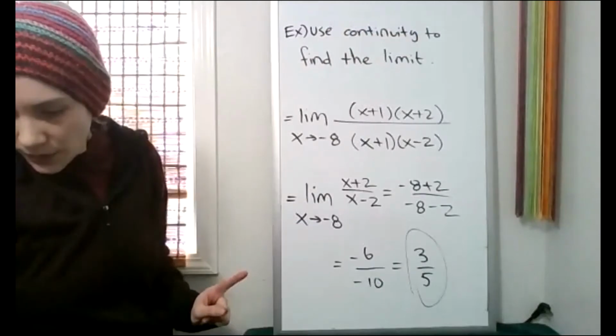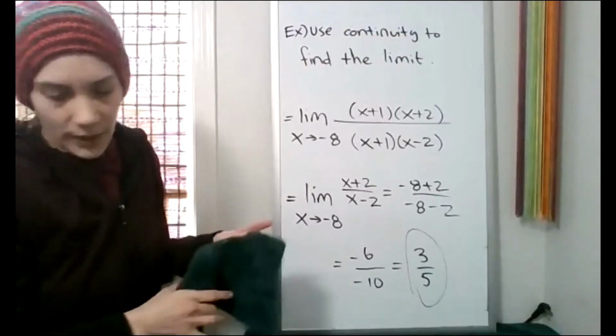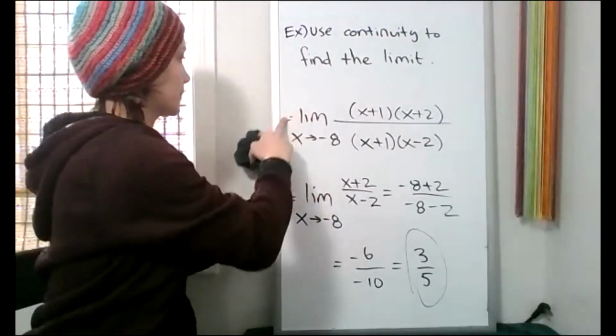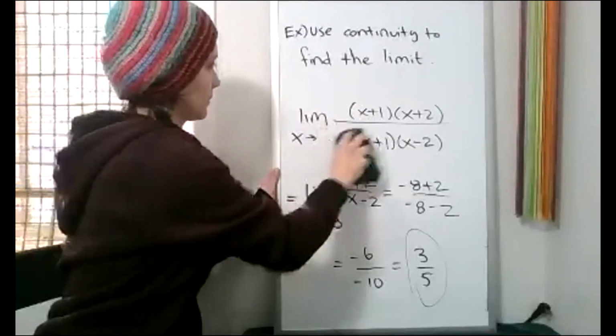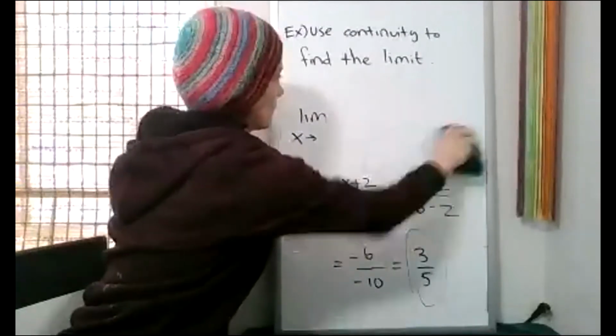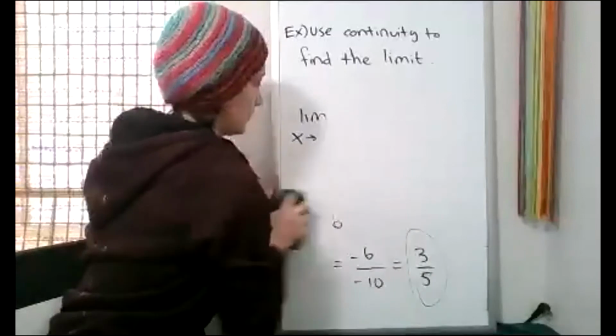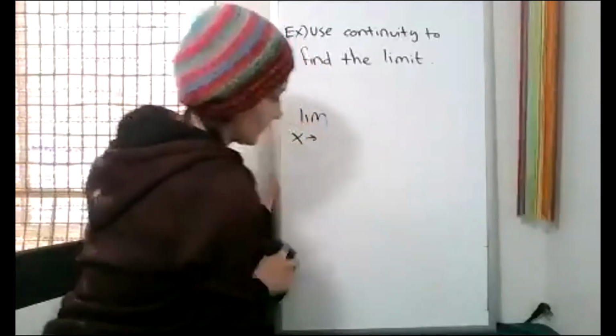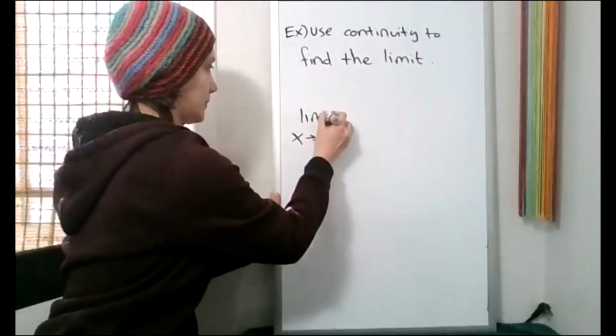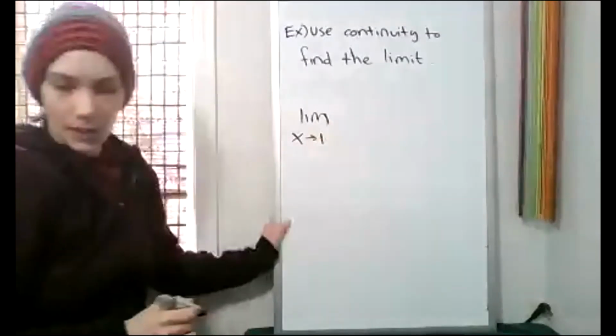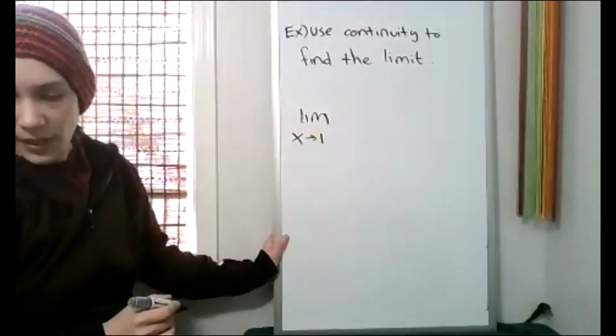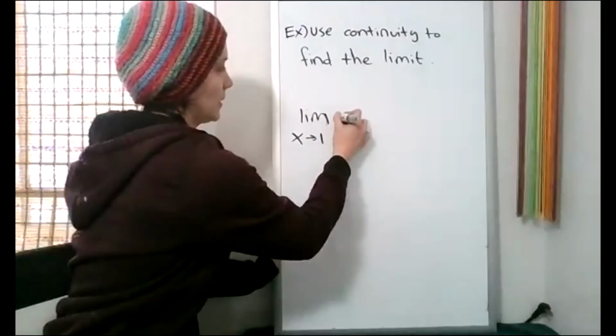We have the limit as x goes to 1 of e to the power x squared minus x.